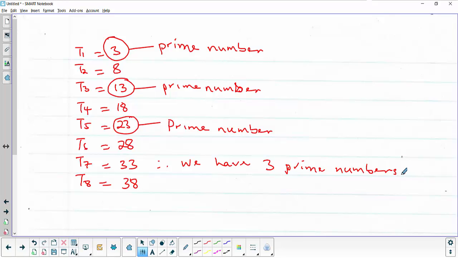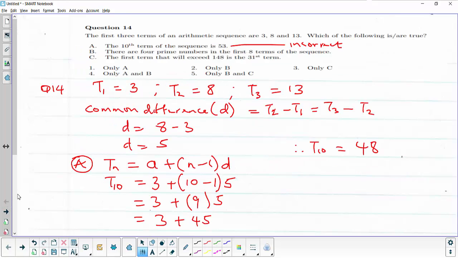So let us now go back to the question and check what we have there. There are four prime numbers in the first 8 terms of the sequence. Let us read the question very well. There are 4 prime numbers in the first 8 terms of the sequence.